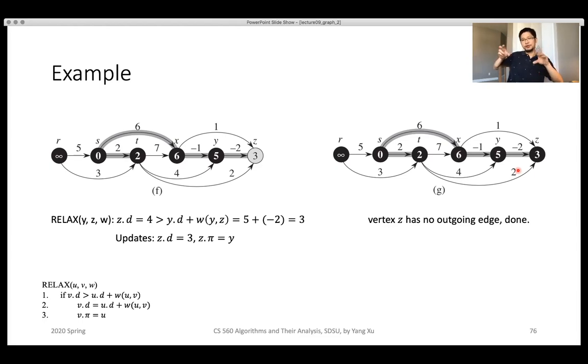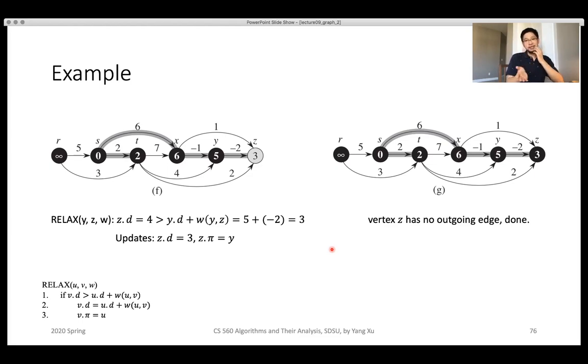It records the total sum of weights along the shortest path from the source to the current node. And because R is not reachable from the source S, the d attribute of R still remains infinity. Okay, so that's it for the shortest path algorithm for DAG.